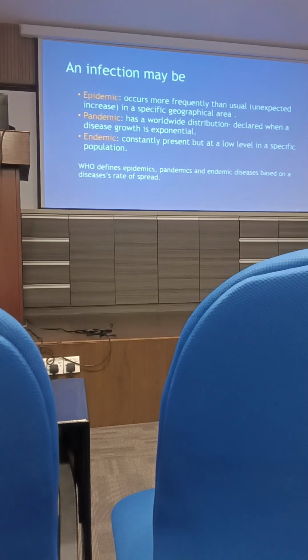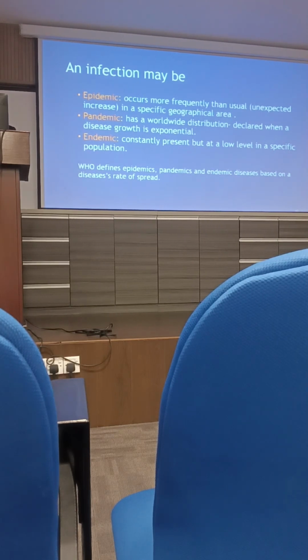So some infections can cause an epidemic. It occurs more frequently than usual in a specific geographical area, an unexpected sudden increase, and from there it can become pandemic, or it can remain as an epidemic.